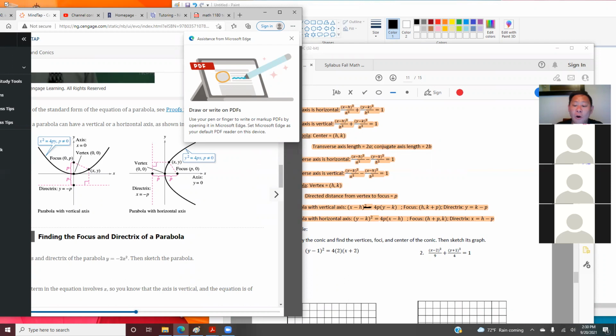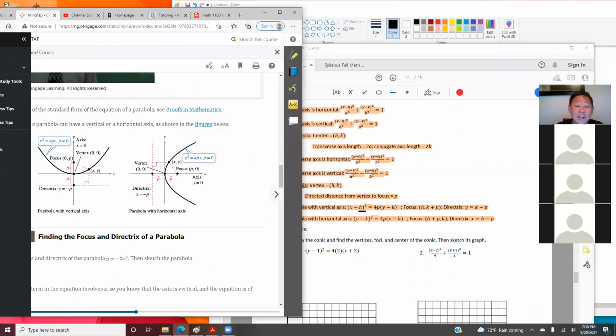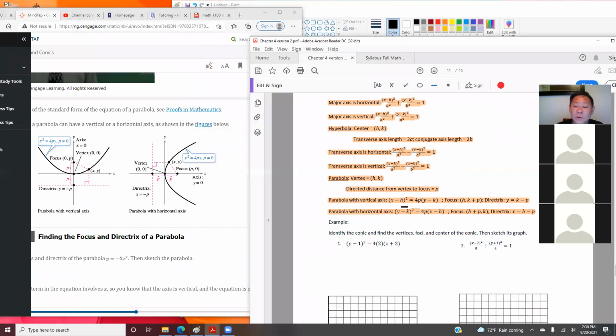That means your vertex here is not at 0, 0, your vertex is at (h, k). So if you put 0, 0 in your h, k, you will still end up with the same formula as this. You guys with me here? Because your vertex is at the origin 0, 0. So if you put 0, 0 for h, k, you will end up with x squared equals 4py, which is this fellow, and y squared equals 4px, which is the horizontal axis, which is this one.